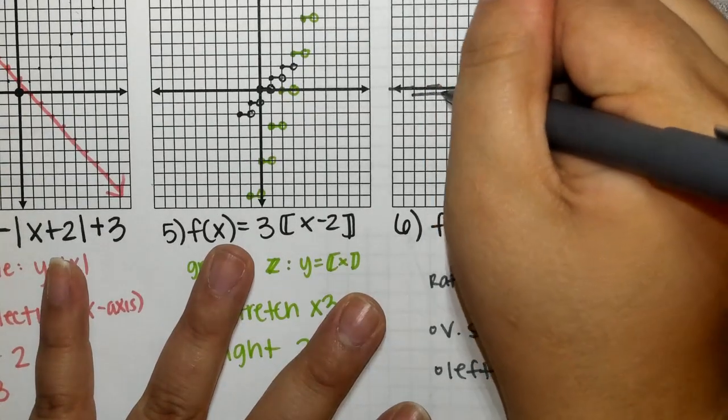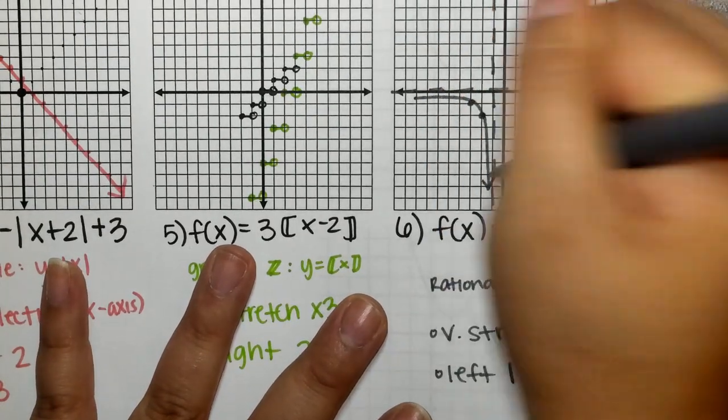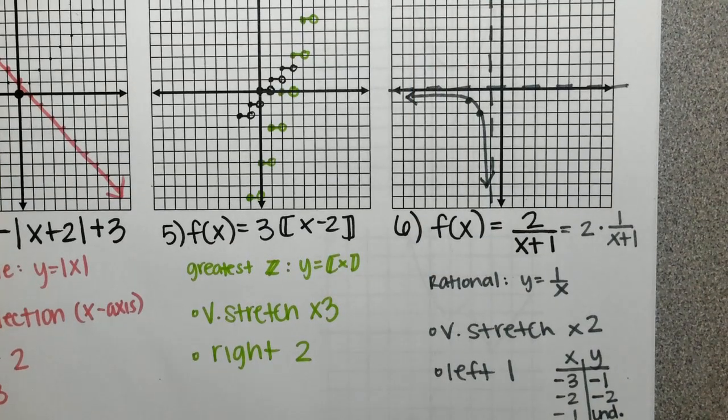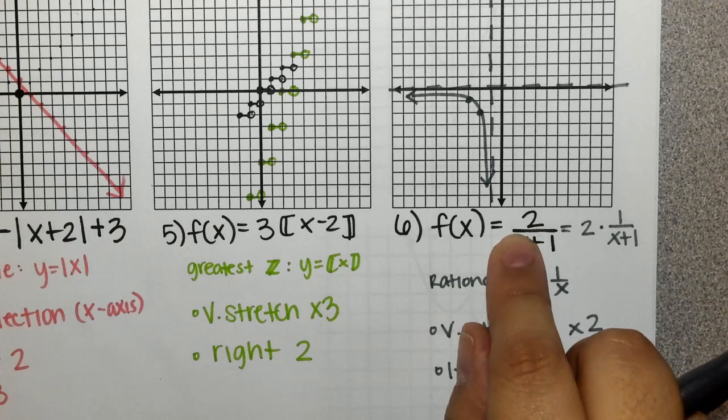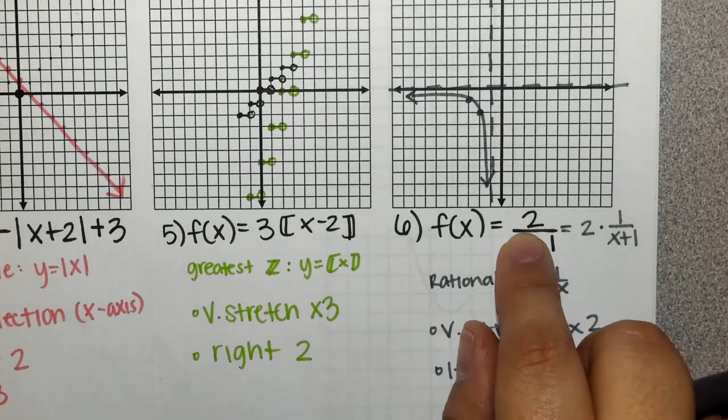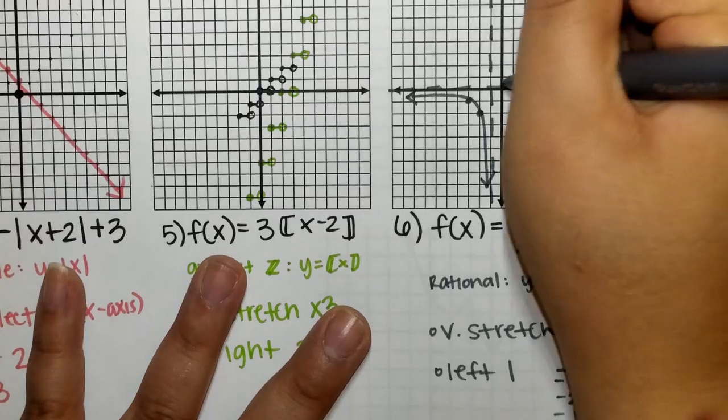And hey, that's all we can really do here. So I can just draw that. You don't need 5 points on each part. You need 5 points for the whole graph. Plug in 0. 0 plus 1 is, what's 2 divided by 1? 2.